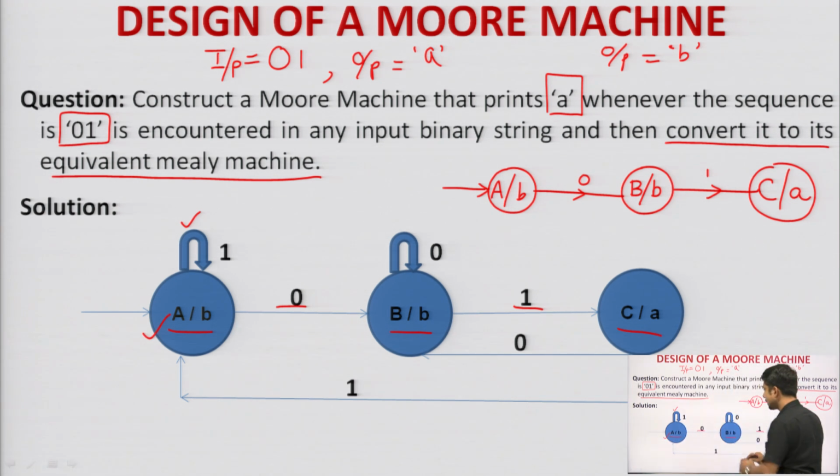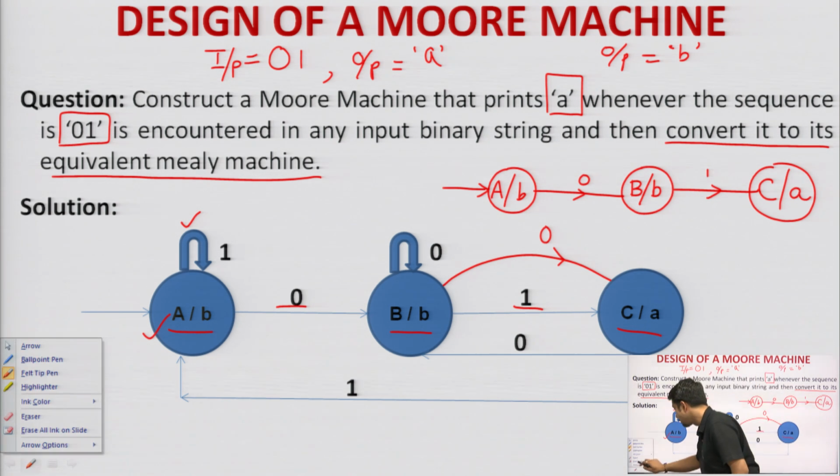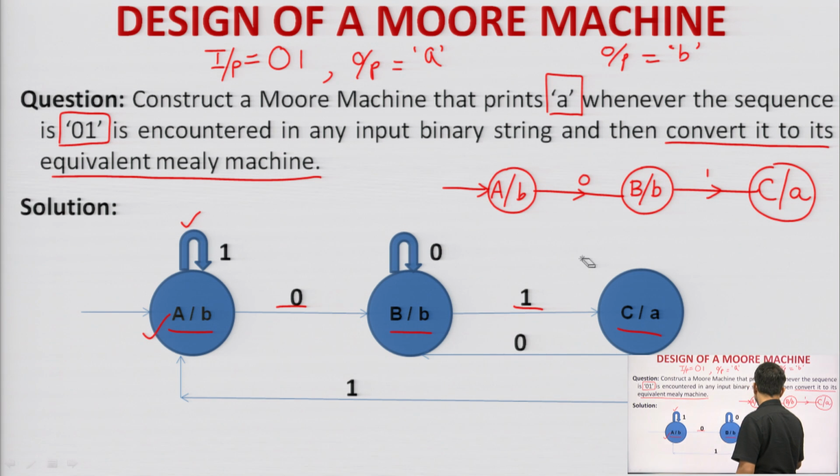Now, I come to state B. In state B, I already have one input transition, for 1. Now, let me concentrate on 0, correct. If I take a 0 transition from here, then 0 0 will give the output as A, which is not possible. That means I cannot take this particular transition.